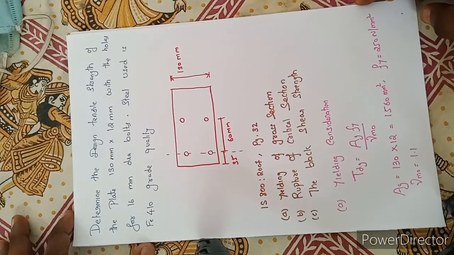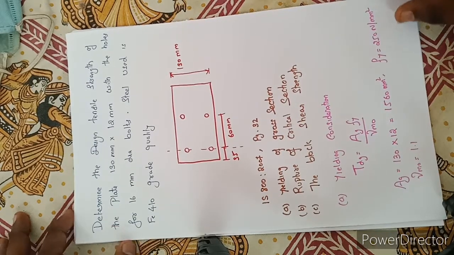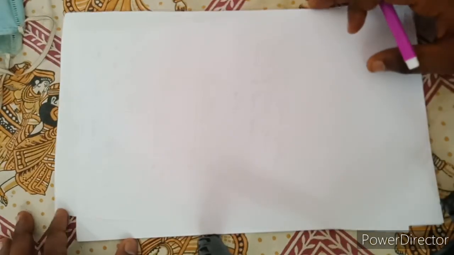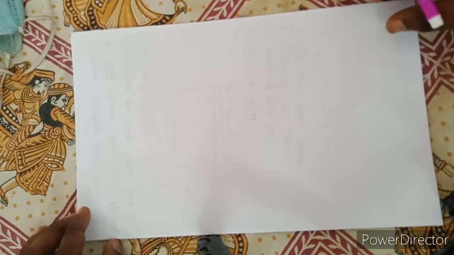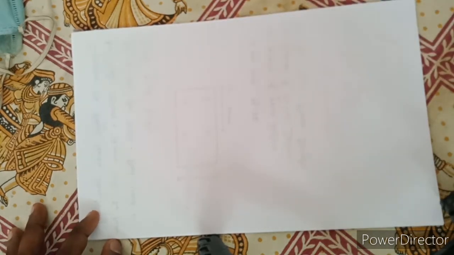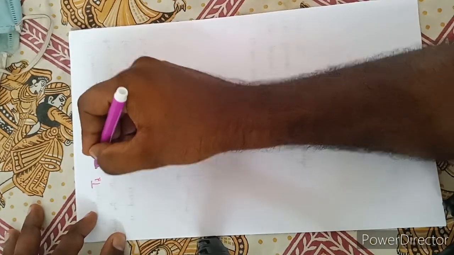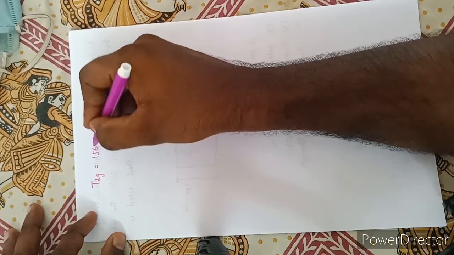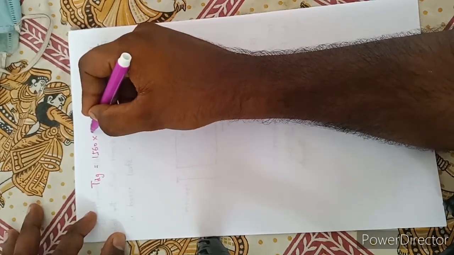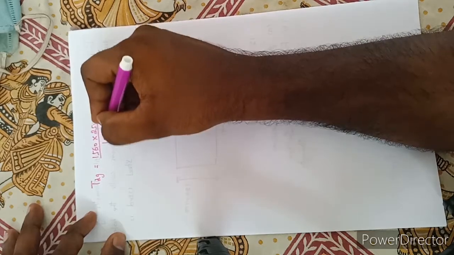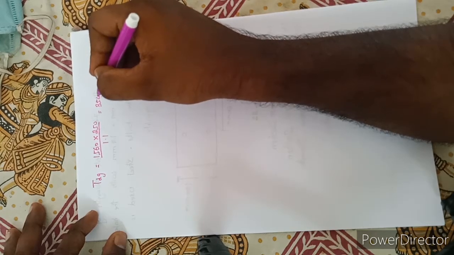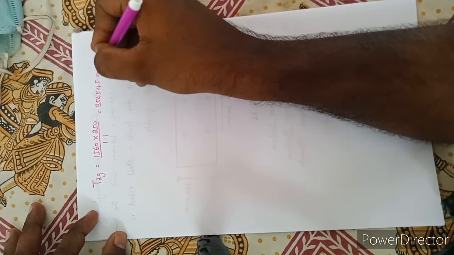Okay, is that clear? So substituting all these values, we get Tdg equals 1560 multiplied by 250 divided by 1.1, which gives 354,545 Newton.